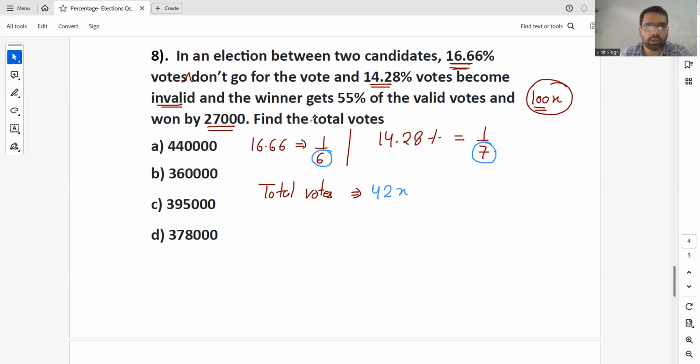16.66% of voters don't go for the vote. 1 by 6 of 42x is equal to 7x. So 42 minus 7, which is equal to 35x persons, go for the vote.